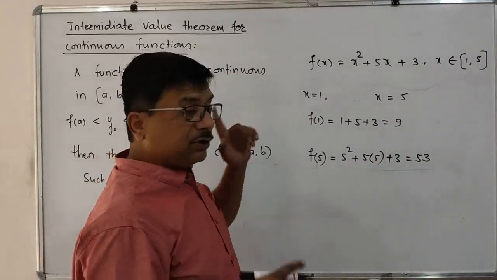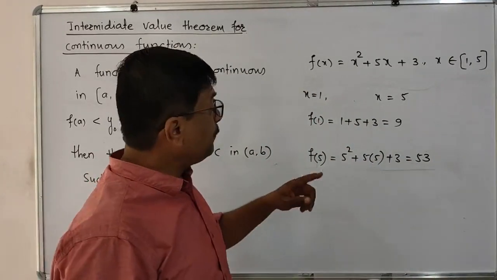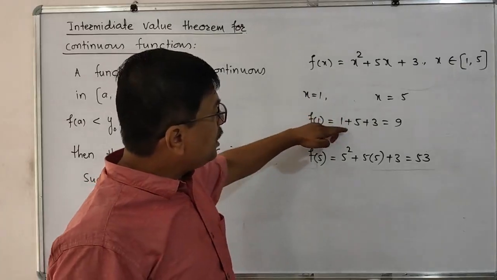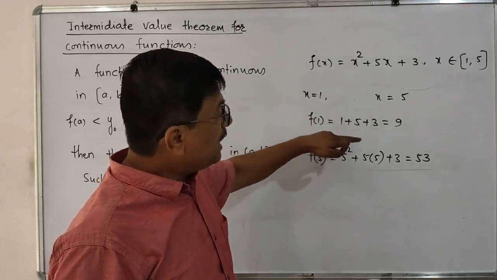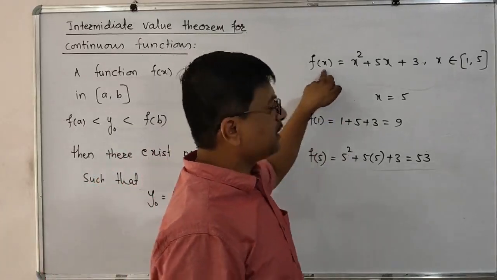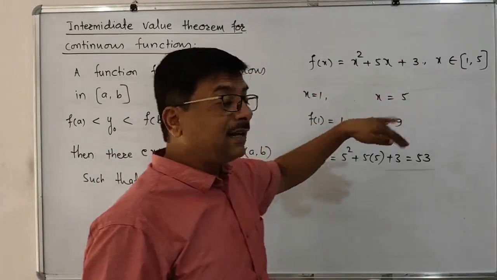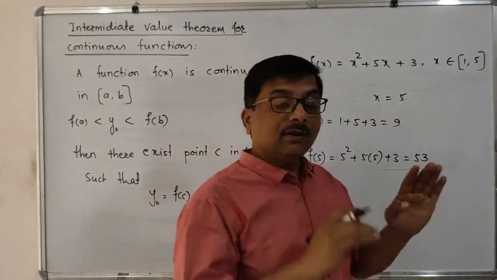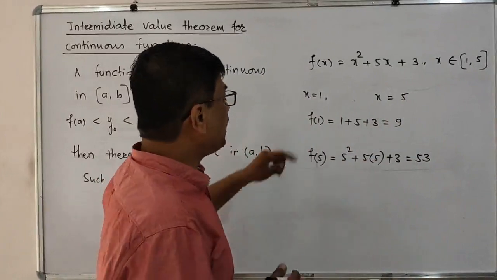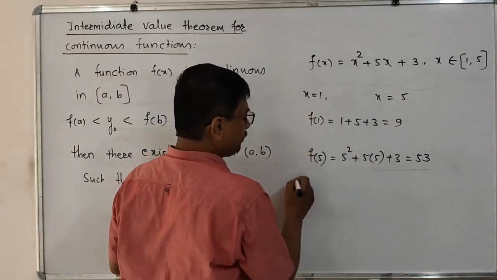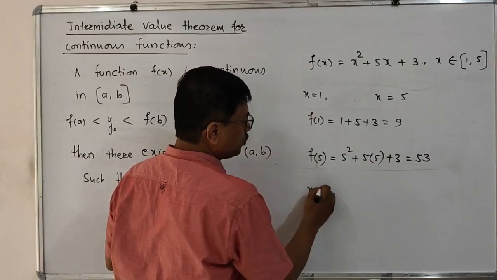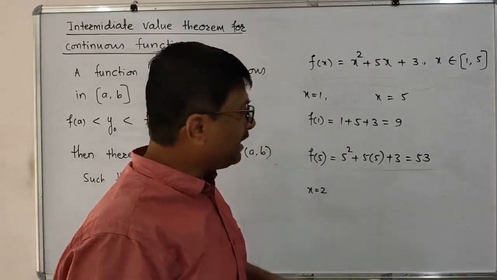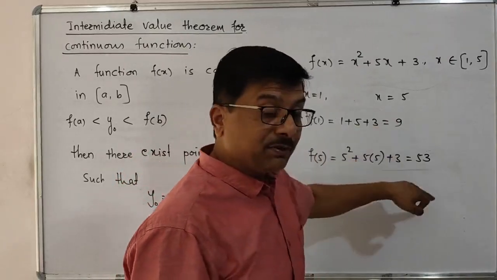Now if you take any value between 9 and 53 for this function, then we'll get x between 1 and 5. Otherwise, suppose we take x is equal to 2, then we must get the value between 9 and 53.